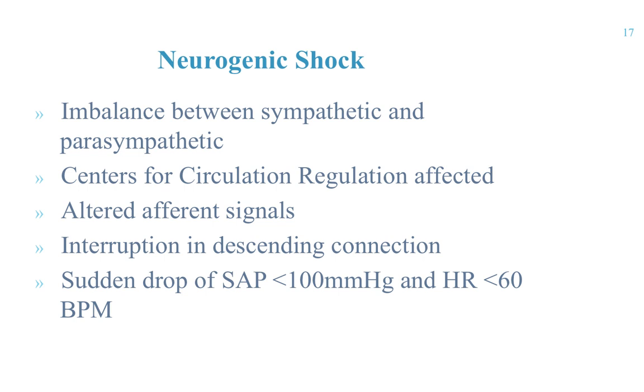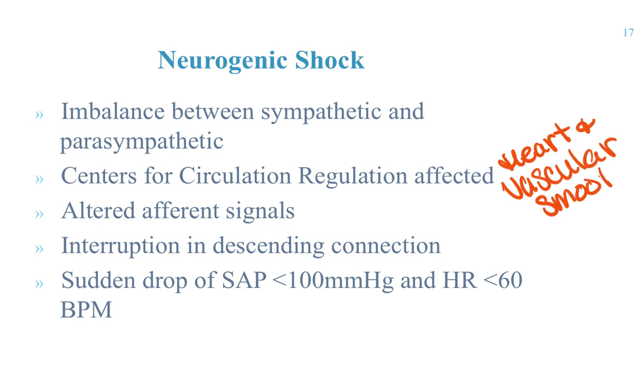So what happens with neurogenic shock is our centers for circulation regulation are affected. So this would be our heart and our vascular smooth muscle. So our pump and our blood pressure are going to be affected because we have altered afferent signals.